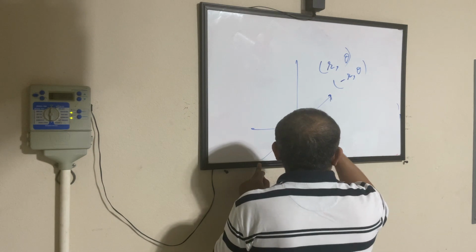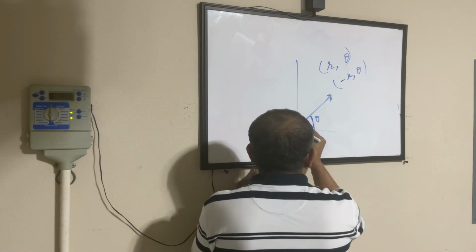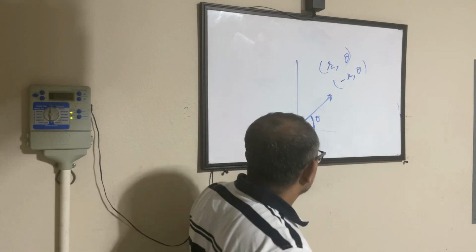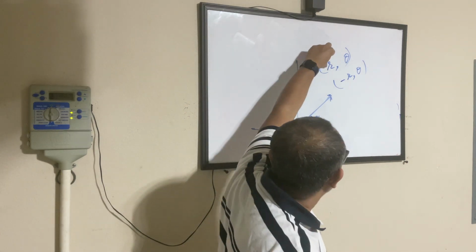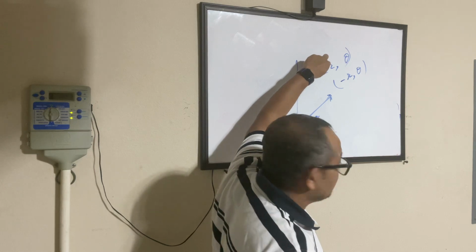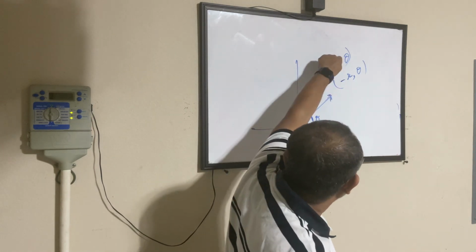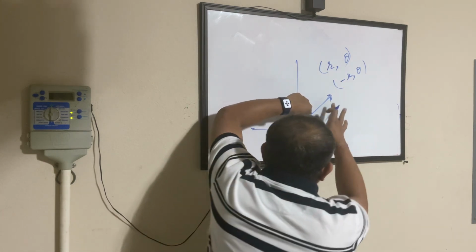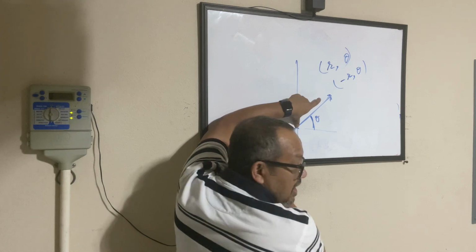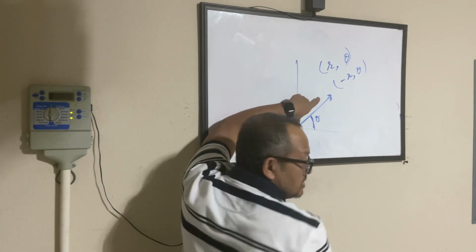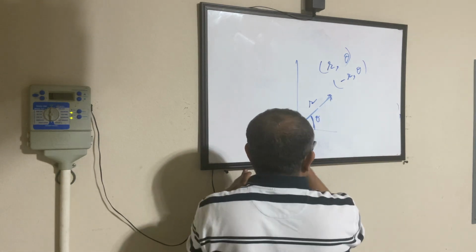R is in this direction, minus r will be opposite to that. So whenever you flip your sign of the radius from positive to negative and keep the angle same, you are not measuring in this direction, you are talking about a point which is in the opposite direction with the same angle. So this is r, this is minus r.